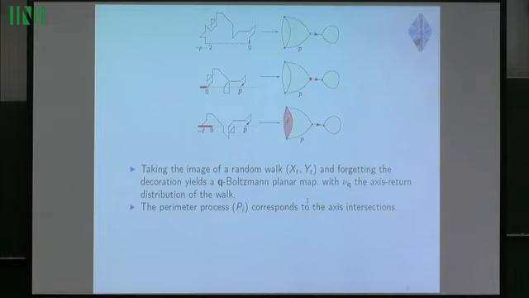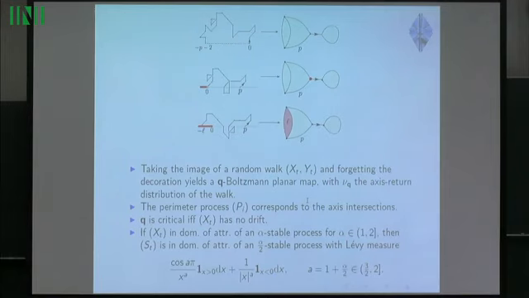Now also, if we have a marked vertex here, and we look at the axis intersections of this walk ending on the slit, it corresponds to the perimeter process of my peeling of this map. If my random walker's x component has no drift, then my Q will be critical.